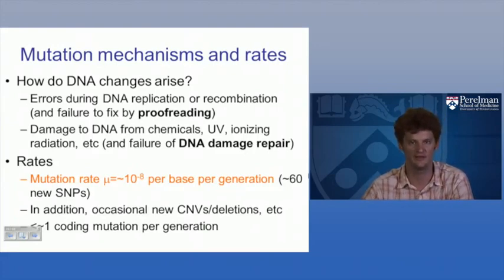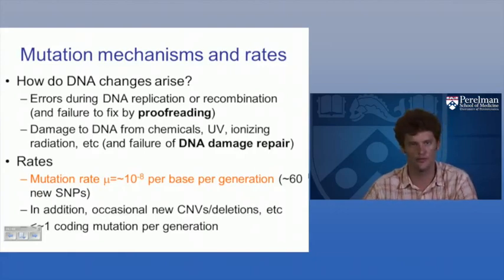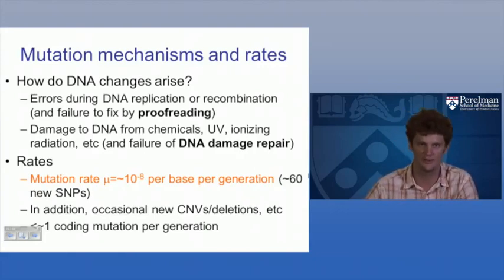In the case of UV, it's by causing thymidine dimers to form in your DNA. Again, you have mechanisms to repair that damage, but with some frequency you'll fail to repair it, and you'll have mutations there as well. When you look at the germline mutation rate, it's been estimated in a number of ways, most recently by sequencing small families or trios, where you have the genome sequences of both parents and the child.